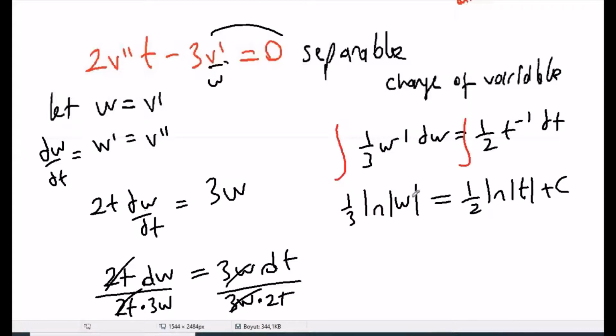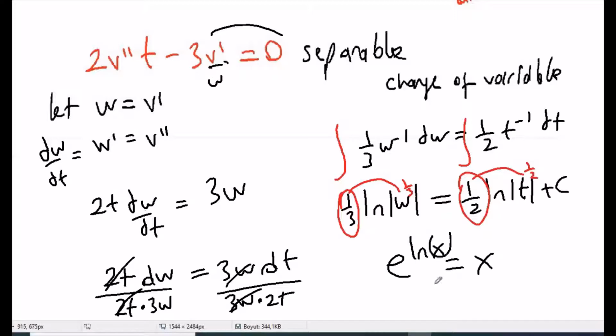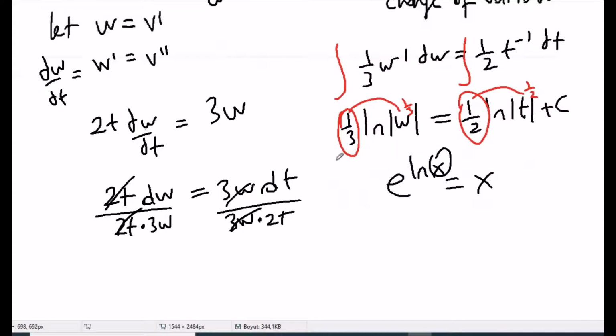Now, using the logarithmic rules, we can bring this as the power of w, and we can bring this as the power of t, and we know that e to the ln of x is equal to x, whatever this argument is. So we can take e to both sides, and our argument is w to the 1/3 equals t to the 1/2 plus c.